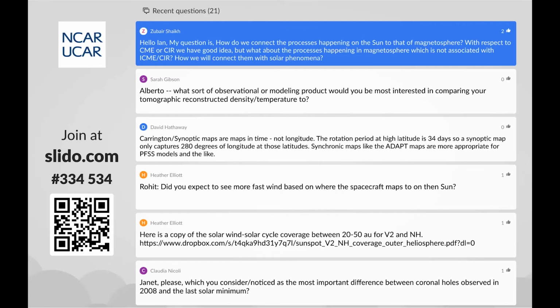It can go from the inner heliosphere to the outer heliosphere. So how do we connect those phenomena with the magnetospheric planetary point of view? I can say that because LASCO sensitivity is not strong enough to observe such faint CMEs or faint phenomena which are happening on the sun.